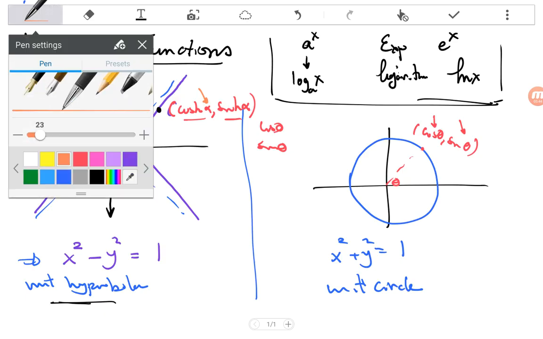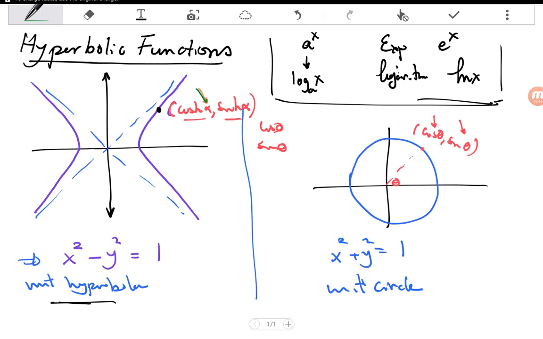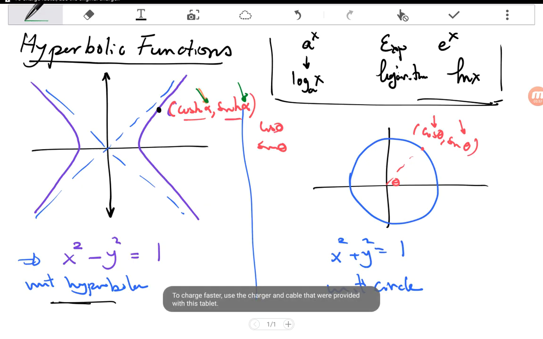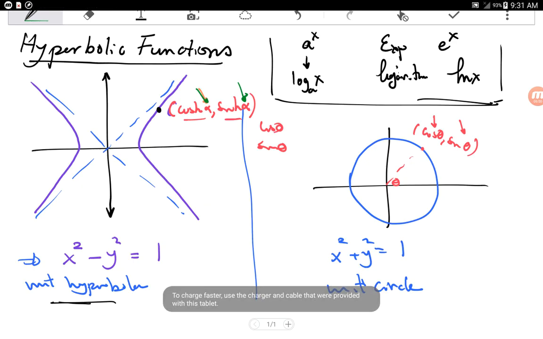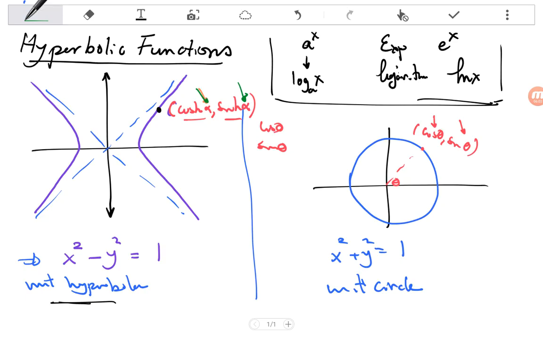But there is a question here. What does this alpha correspond to? We learned before that for cosine theta and sine theta, this is just the angle. But what about in this case? What is alpha in this case? Now, this might not be very obvious, but if we take a straight line to the origin and we calculate this area, this area will just be half of alpha.